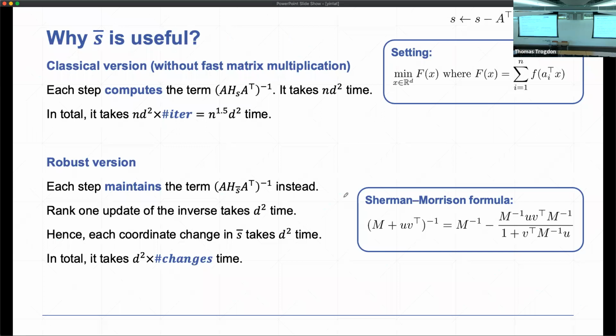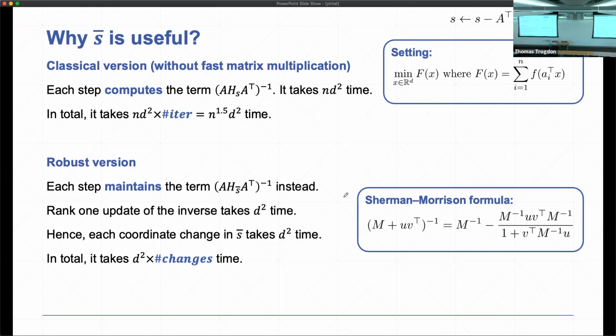This is quite different from the classical analysis of many iterative methods. Usually the classical thing is like this: we count how much each iteration costs and the number of iterations, and you multiply those two together to get your total run time. For this algorithm, it is very different. The total run time is the number of coordinate changes times the cost per change.